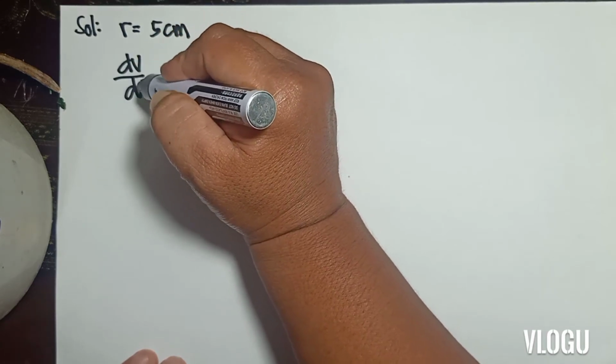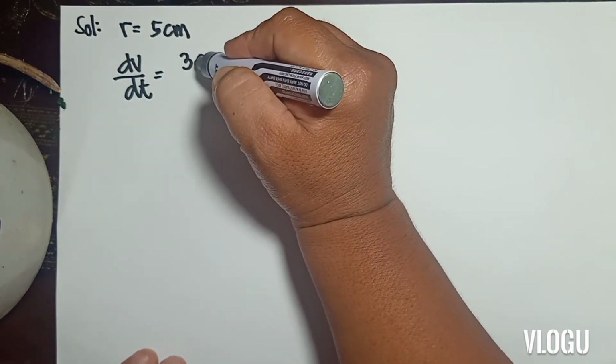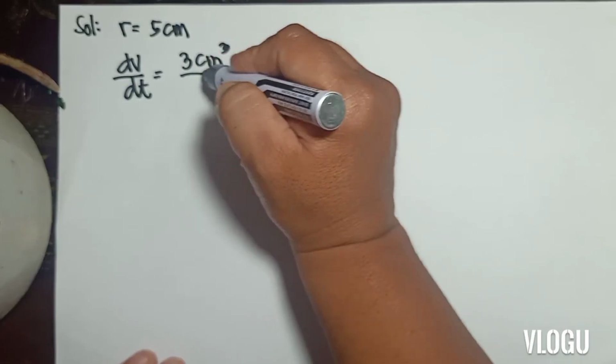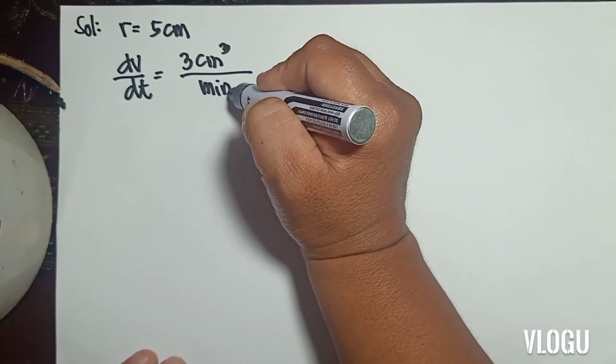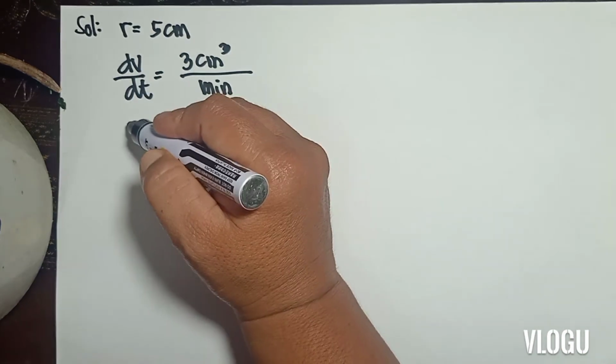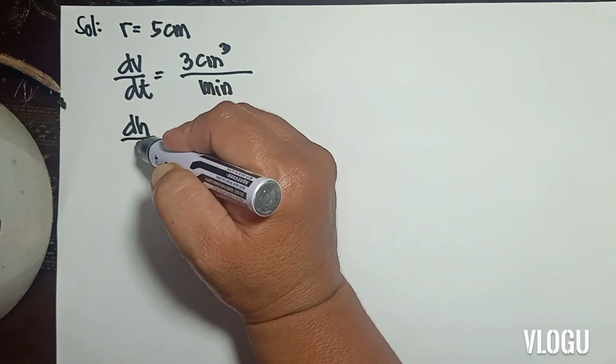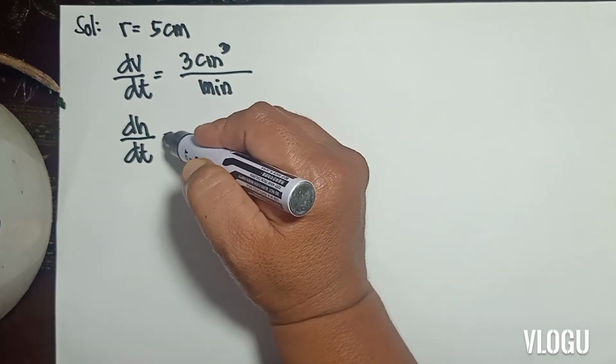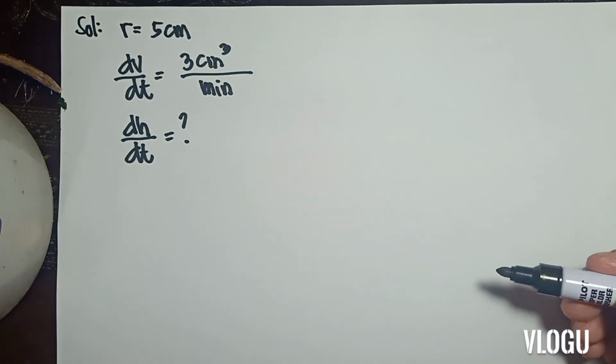dV/dt is equal to 3 cubic centimeters per minute. And what is being asked here? dh/dt.